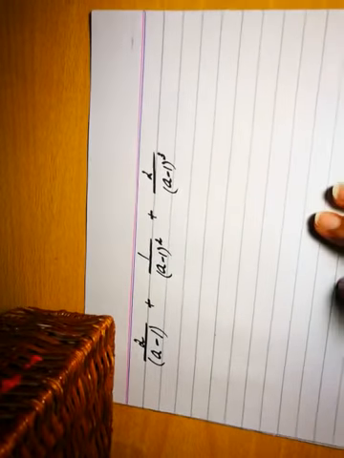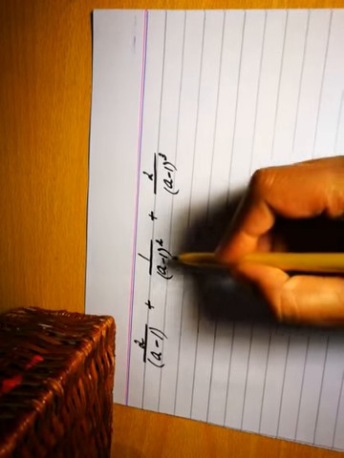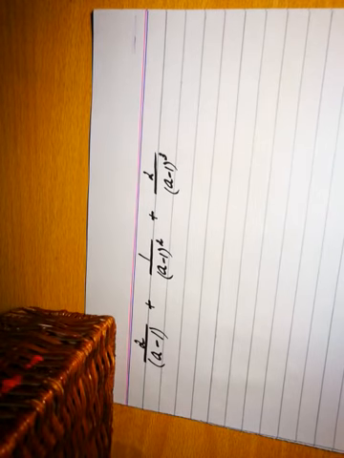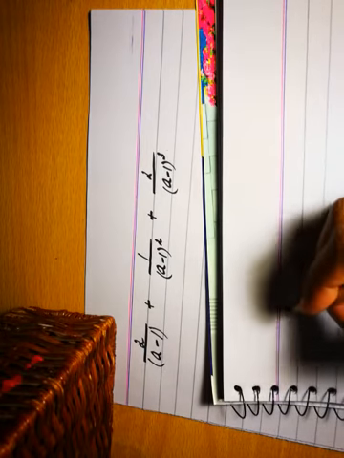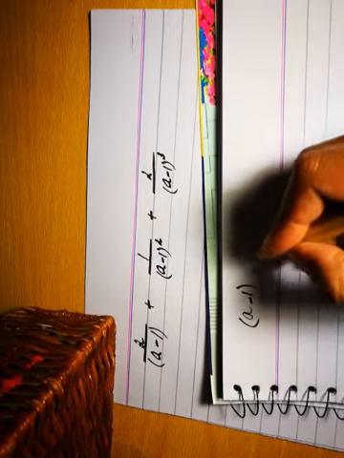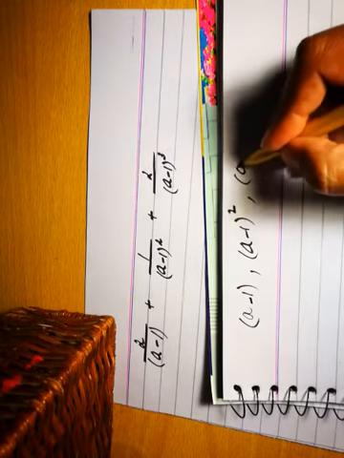If I am having a question like this, 2 over a minus 1 whole square and a minus 1 whole cube. Now this is a bit confusing. I'm going to take the LCM of a minus 1, which is a factor, a minus 1 whole square, another factor, and a minus 1 whole cube.